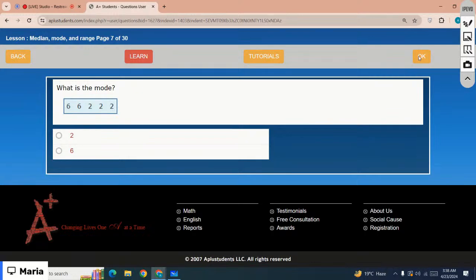What is the mode? Which is the correct option? Yes, 2 is the mode value. The correct option is 2.